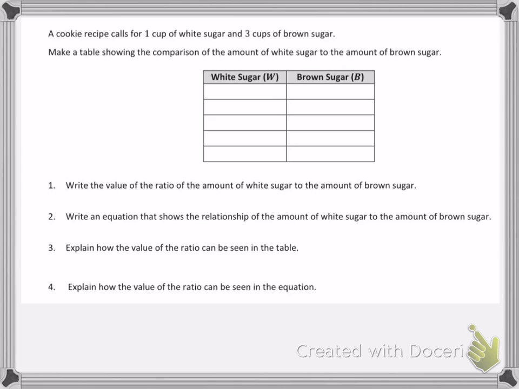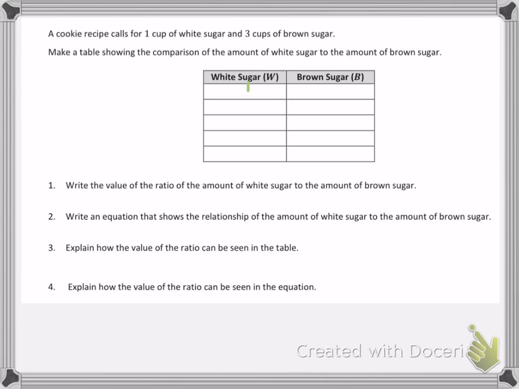Our job today is to write an equation to help us find some unknowns using ratio tables. So let's first complete the ratio table, and then we'll move from there. The situation is a cookie recipe calls for 1 cup of white sugar and 3 cups of brown sugar.